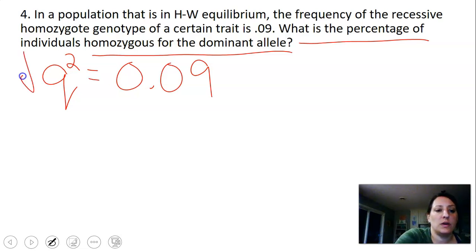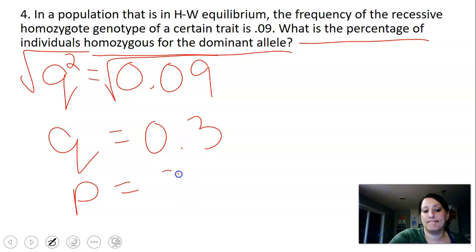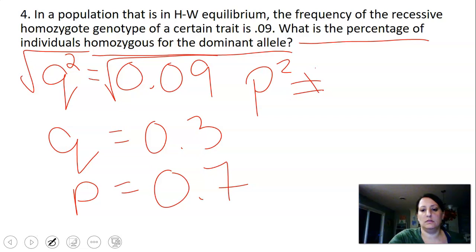Okay, so I'm going to take the square root of Q squared as well as the square root of 0.09. So Q equals, let's see, the square root of 0.09 is 0.3. That means that P must be 0.7, right? Because P plus Q has to equal 1. And to get the percentage here, I've got to get P squared, which is going to equal 0.7 squared.